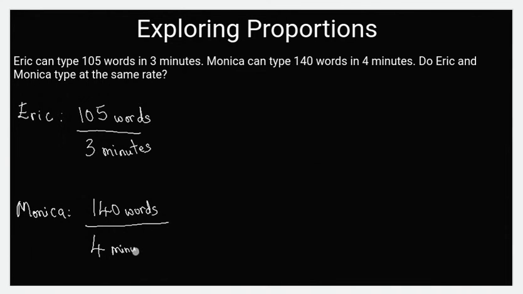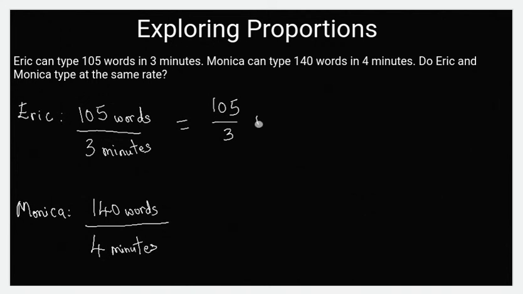So let's see if they actually type at the same rates. We'll find out. How do we find out? Let's see if this fraction or this rate can be simplified. 3 divided by 3, 1. Okay, let's do that here. 105 divided by 3.